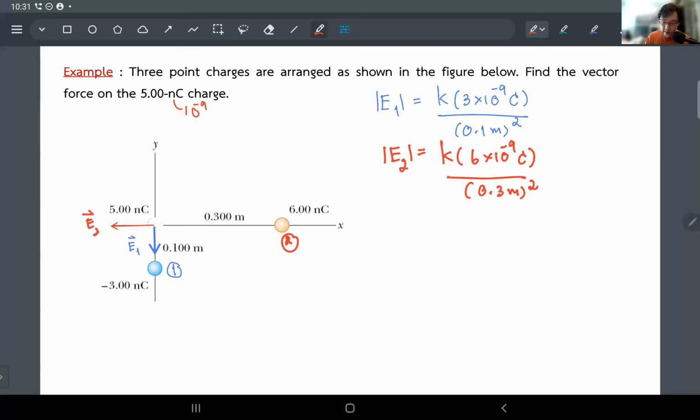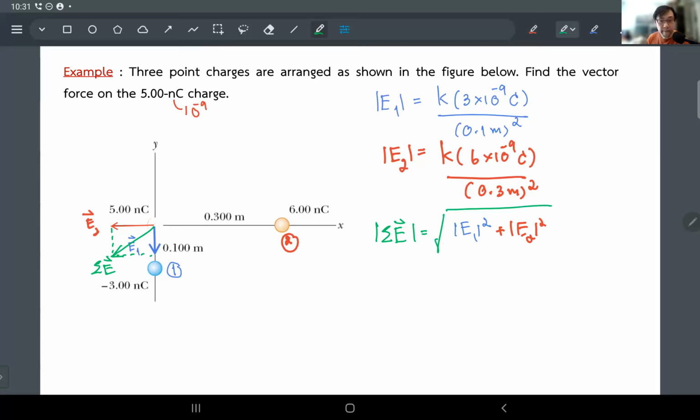You can do it by using the Pythagorean theorem. That's going to be your net electric field, the green one. That is your sigma E. The size of the sigma E can be calculated using the Pythagorean theorem, so it's going to be E1 squared plus E2 squared, the whole thing under a square root.